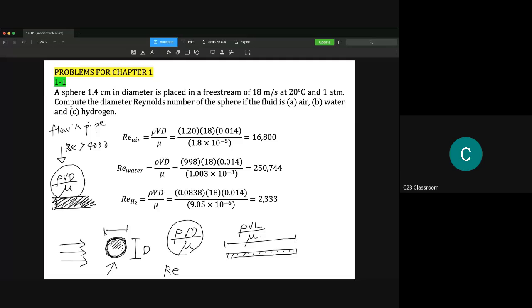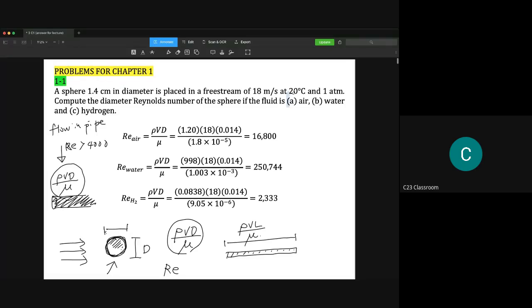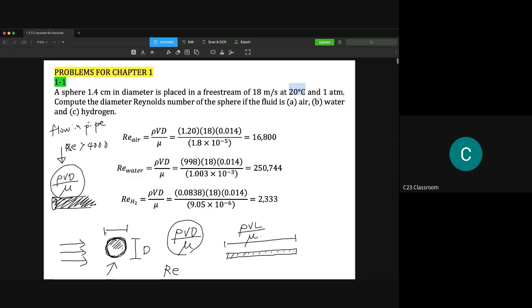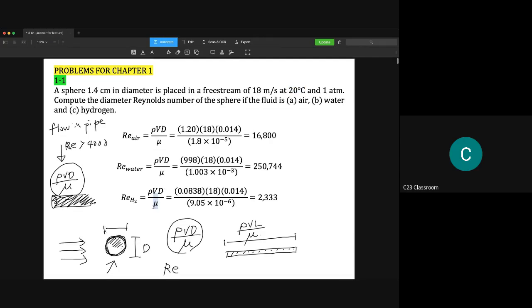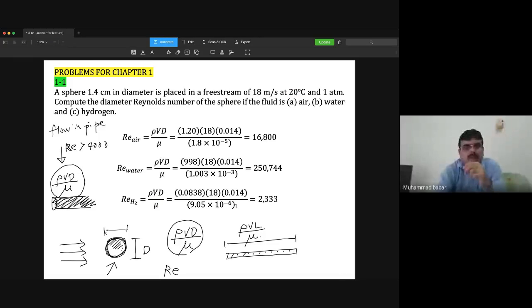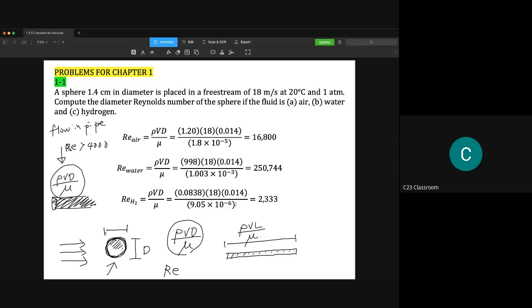Maybe it takes, for example, 20 degrees or minus 10 degrees Celsius, or maybe 0 degrees Celsius. But maybe your question is now you are calculating hydrogen at 20 degrees Celsius, which means that you need to calculate the specific value for the dynamic viscosity. Please try to open your textbook and find the representative value of dynamic viscosity for hydrogen.